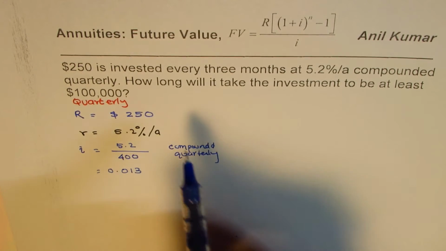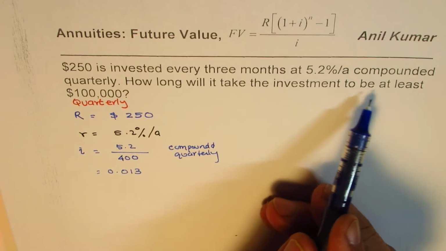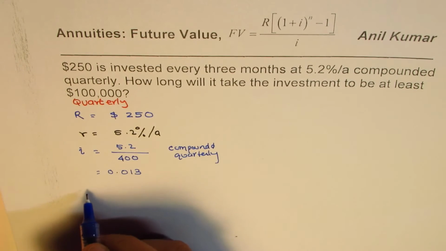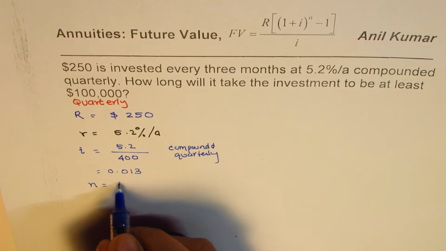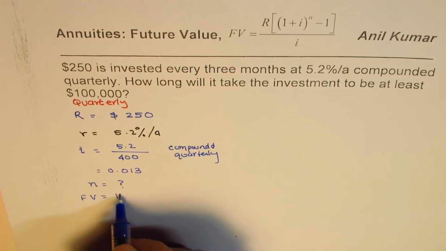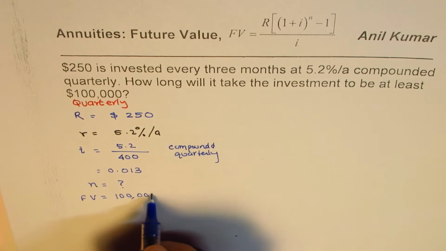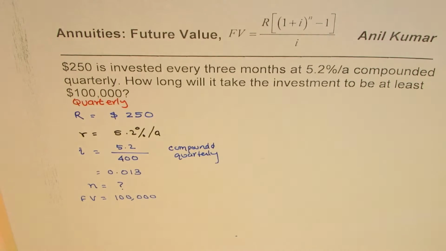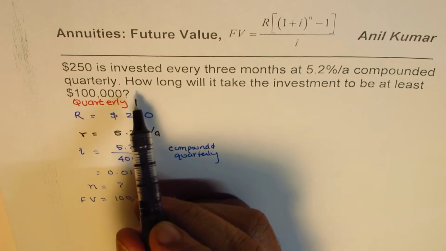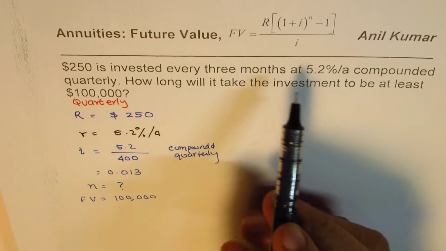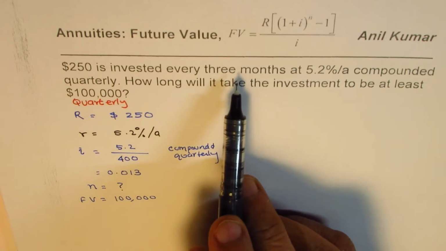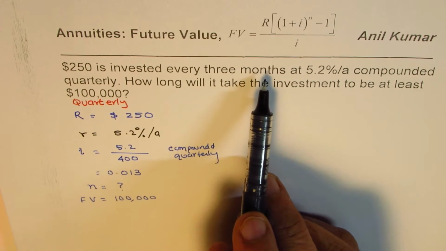How long will it take the investment to be at least $100,000? So how long means n is not known to us, and future value is equal to 100,000. Now let me correct you here. When we say how long, it means number of years, right? Now we are making payments of 250 four times a year.